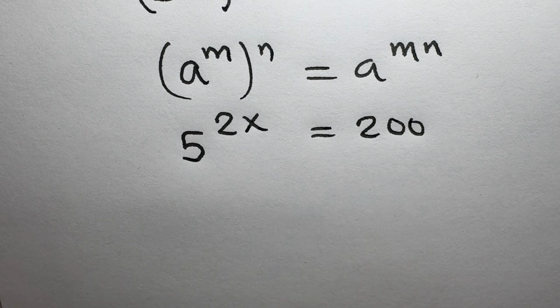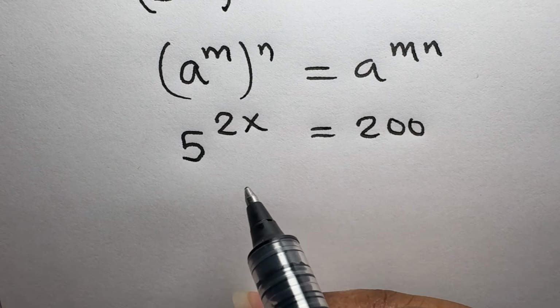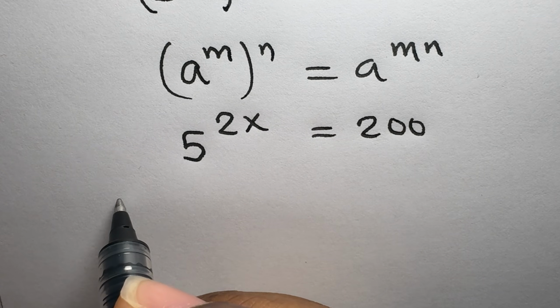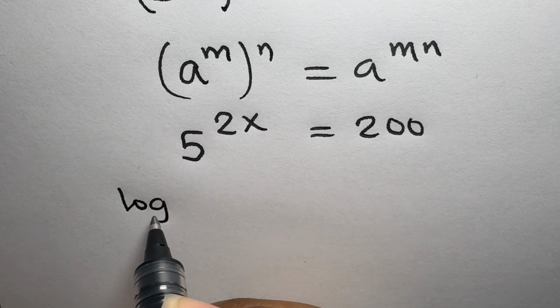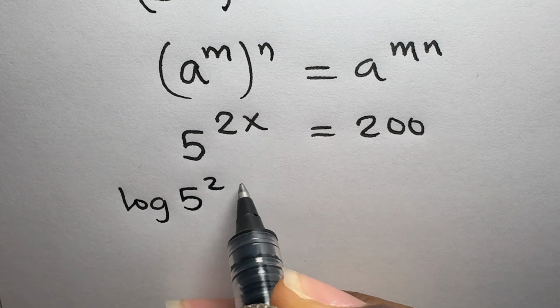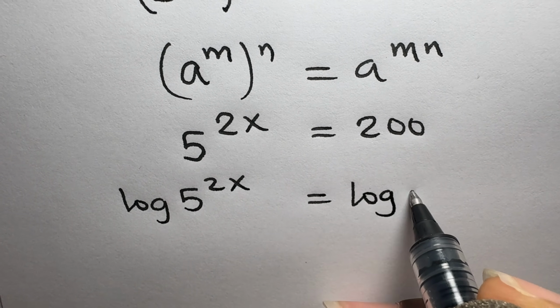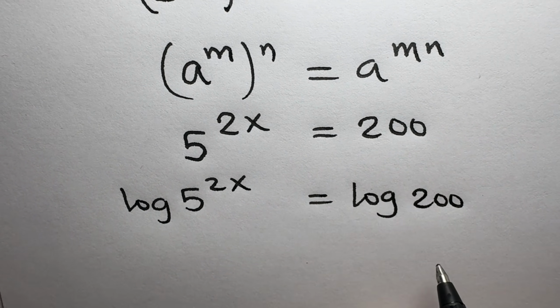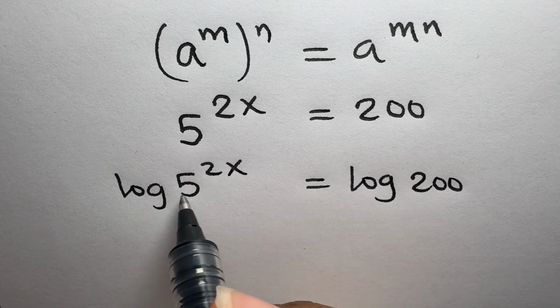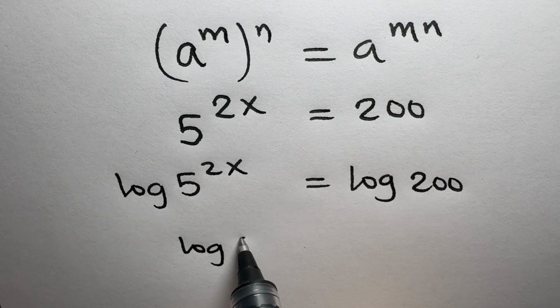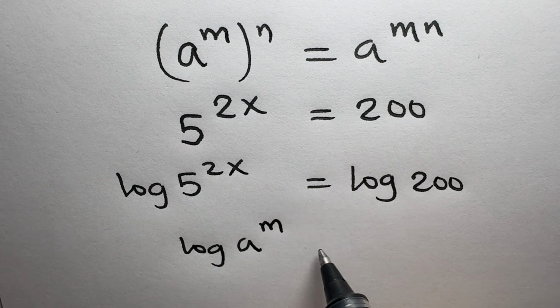This is an exponential problem. So for this exponential equation, I'm going to take the logarithm of both sides. We will have log 5^(2x) is equal to log 200. Then the left side expression is of the form log a^m.